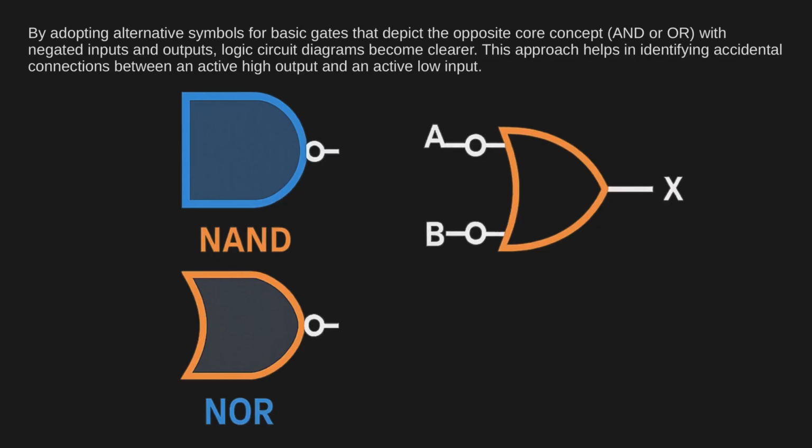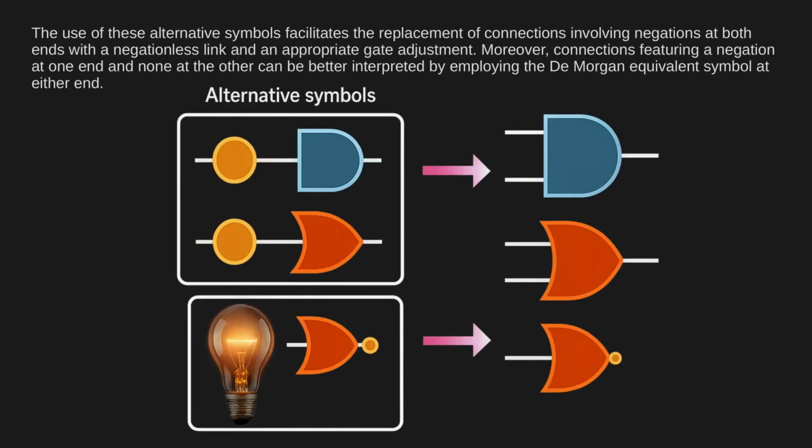By adopting alternative symbols for basic gates that depict the opposite core concept, AND or OR, with negated inputs and outputs, logic circuit diagrams become clearer. This approach helps in identifying accidental connections between an active high output and an active low input. The use of these alternative symbols facilitates the replacement of connections involving negations at both ends with a negationless link and an appropriate gate adjustment.